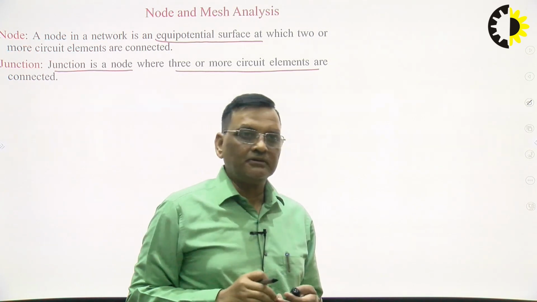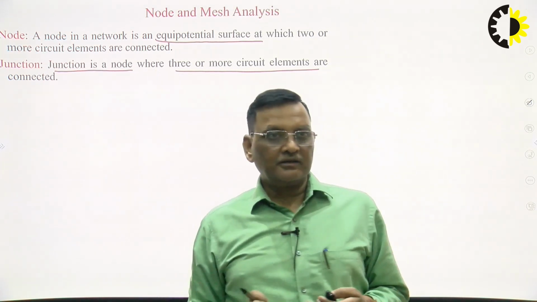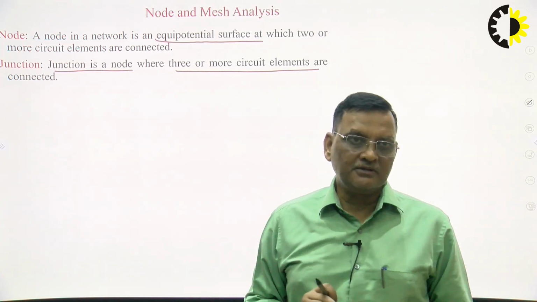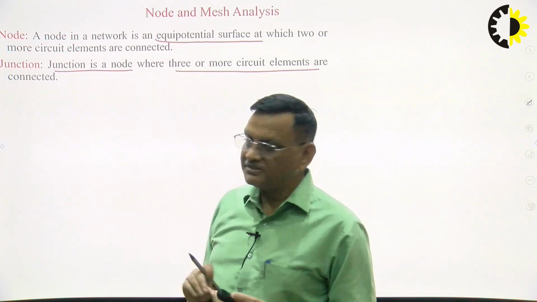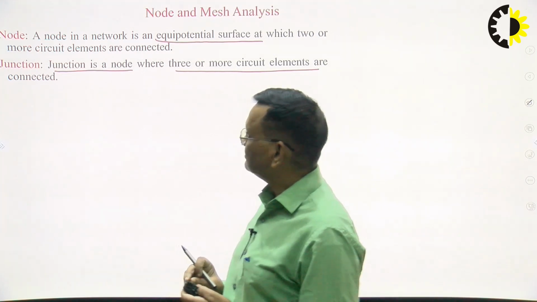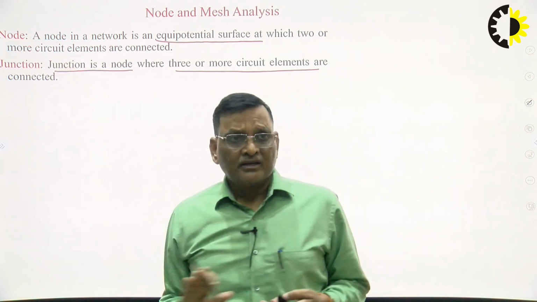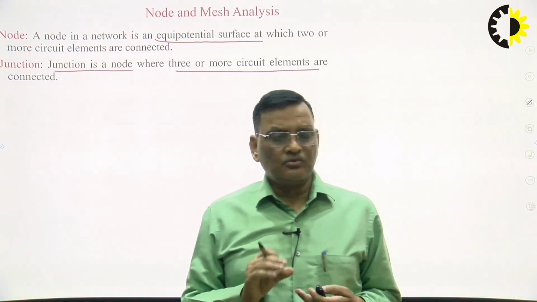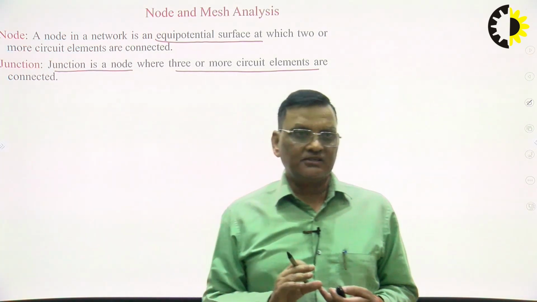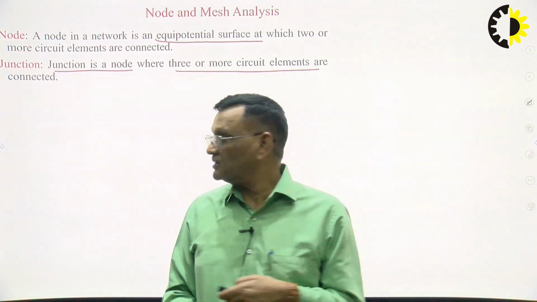At a node there are two or more circuit elements connected, whereas at a junction there are three or more. So, all junctions are nodes, but every node is not a junction.